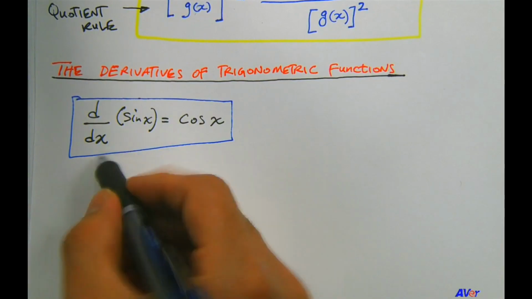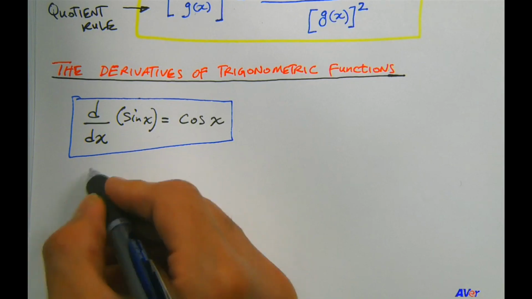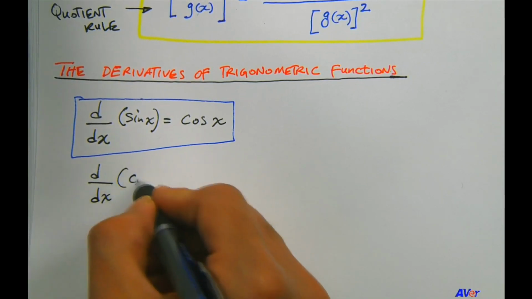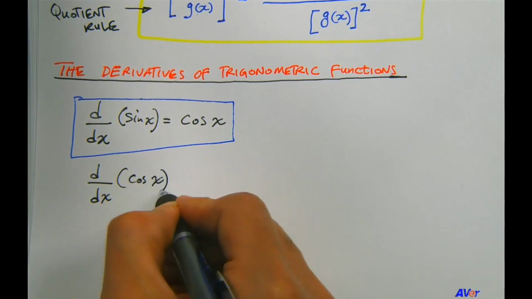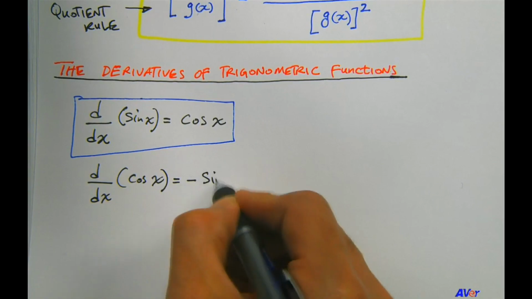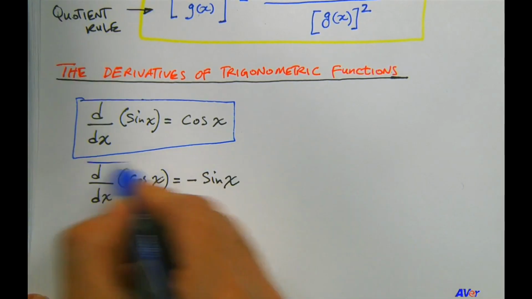And then next we want to take the derivative of cosine of x, which we've also seen before is equal to minus sine of x.